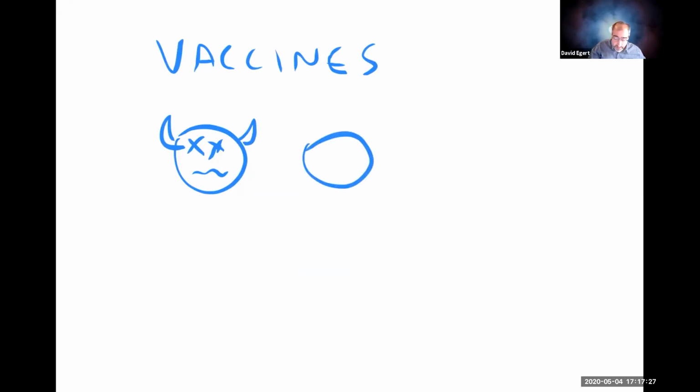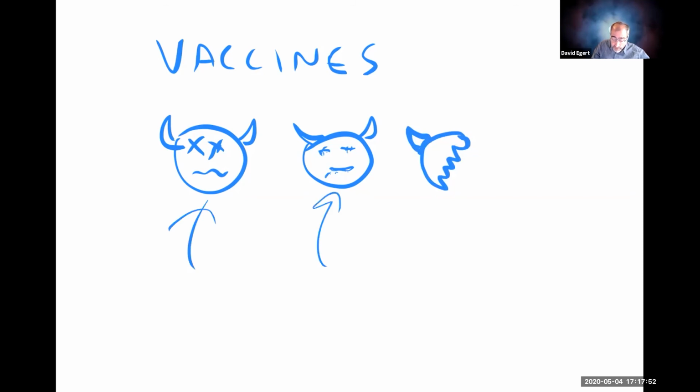It could be a much less virulent form, so it doesn't make you that sick, but it still has the shape. What's important is the shape. You can even give them just a piece of the thing, as long as it's enough to activate. So you can use killed or non-virulent or even just parts and pieces.